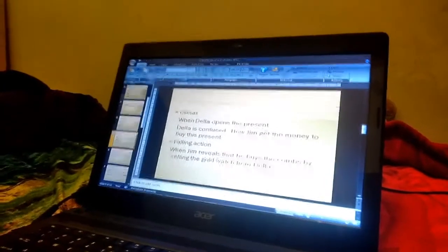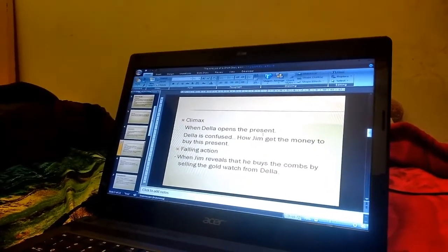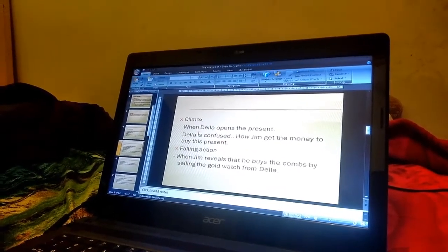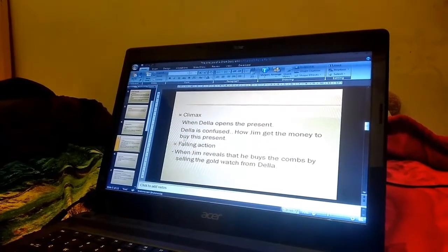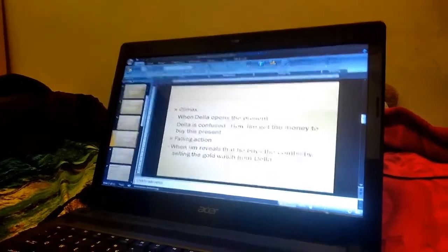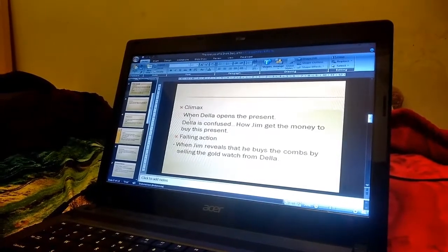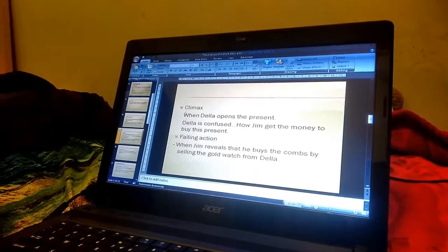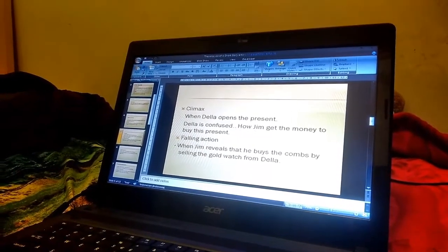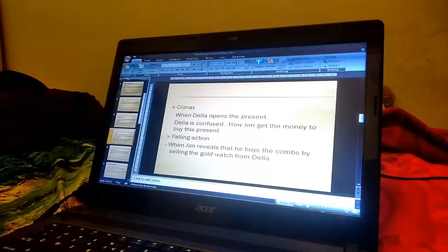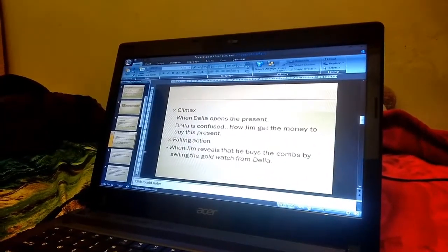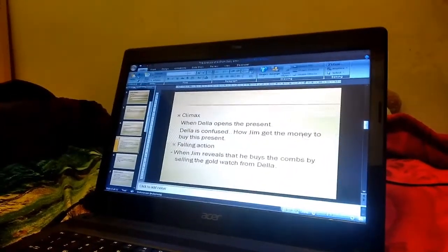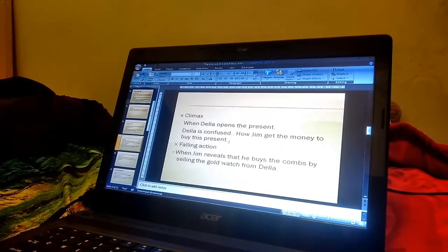He doesn't have enough salary to buy the combs that Della wanted to buy. So I think the climax of this story is this one, when Della opens the present, Jim is anxious and Della is also confused about how Jim got the money to buy it.